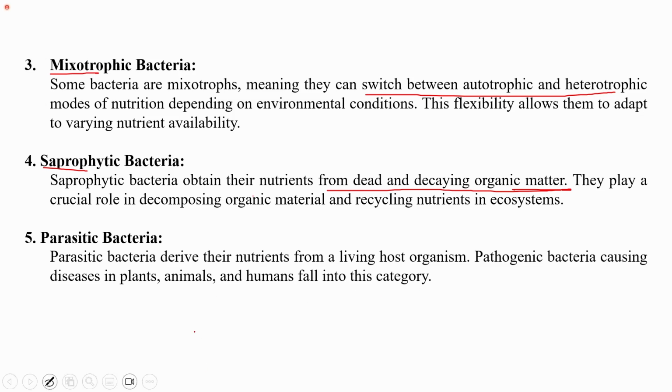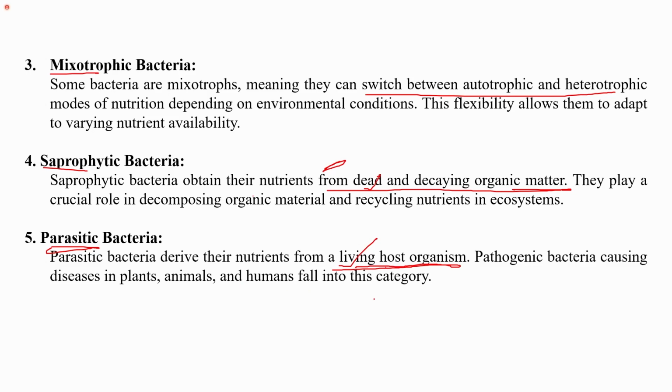The other type of mode of nutrition is the parasitic. Parasitic bacteria require a living host on which they survive. So they require a living host organism, unlike the dead and decaying matter. So here the host is living. Here the host is dead, right? So pathogenic bacteria causing disease in plants, animals, and humans fall into this category.